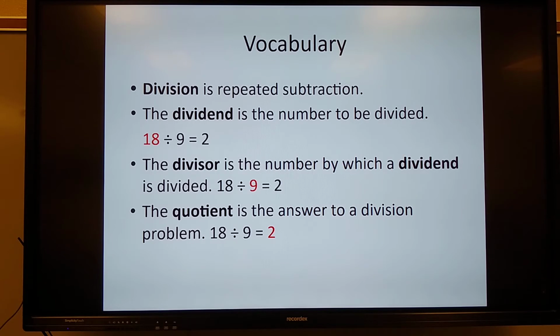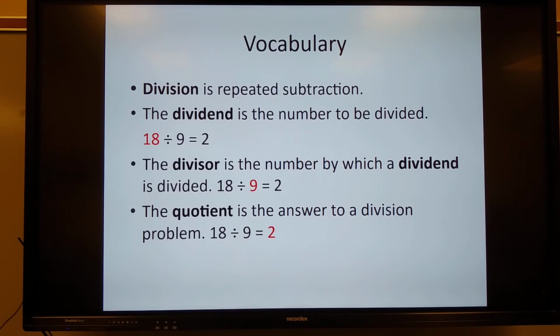It is the dividend. The divisor is the number by which a dividend is divided. Again, 18 divided by 9 equals 2. 9 would be the divisor. It tells us how many times we're going to divide it up.